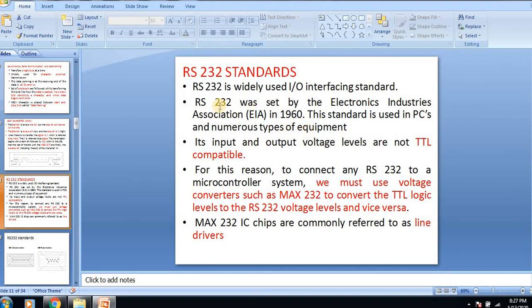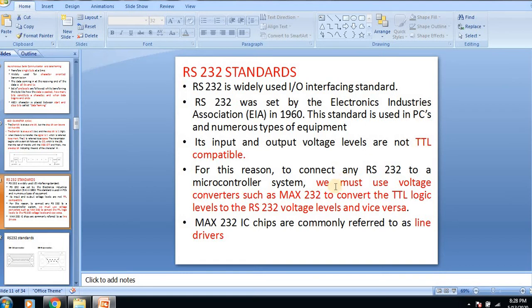Okay, so this RS-232 was set by the Electronic Industries Association in 1960. In this one, its input and output voltage levels are not TTL compatible, but today's devices all have TTL voltage levels.